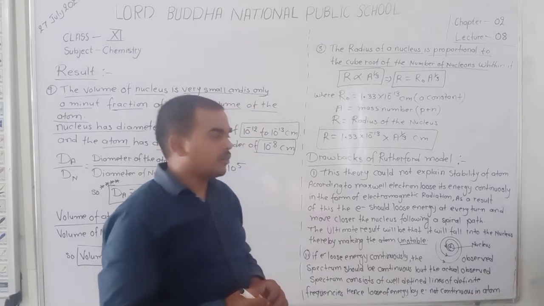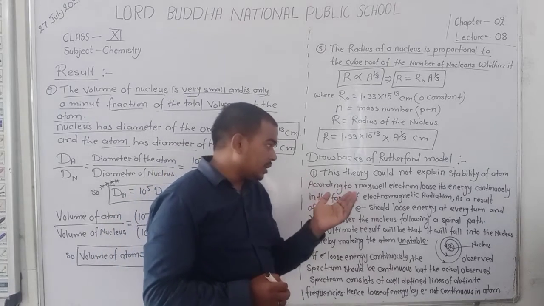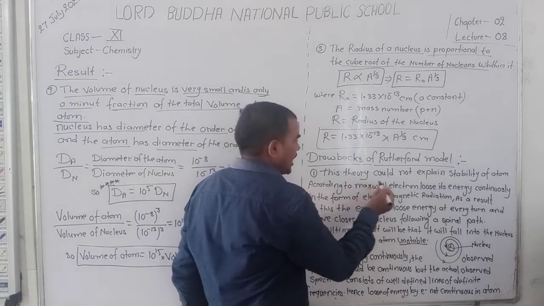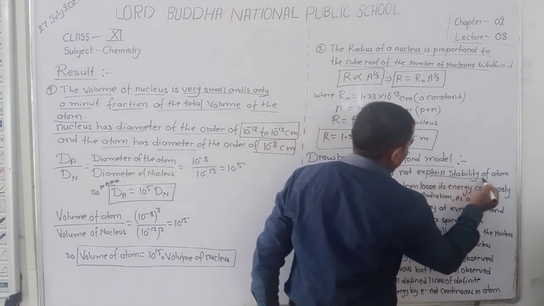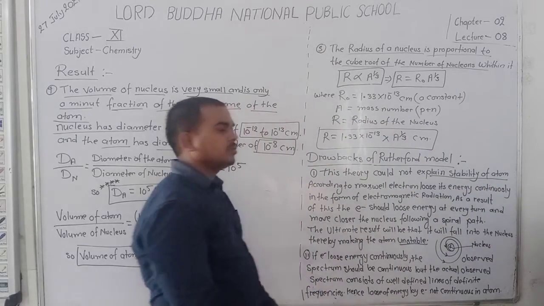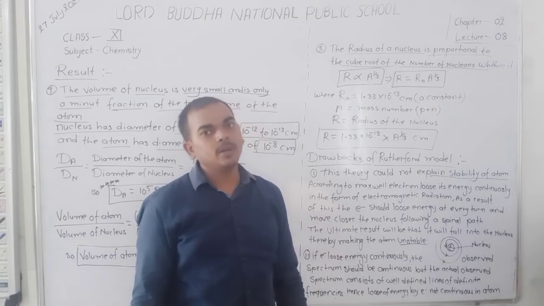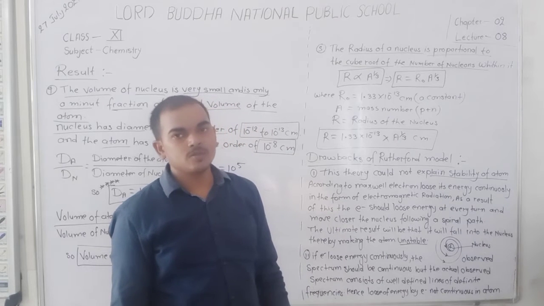Some drawbacks of the Rutherford model. In the Rutherford model, this theory cannot explain the stability of the atoms. Yes, student, the Rutherford model fails to explain the stability of the atoms.